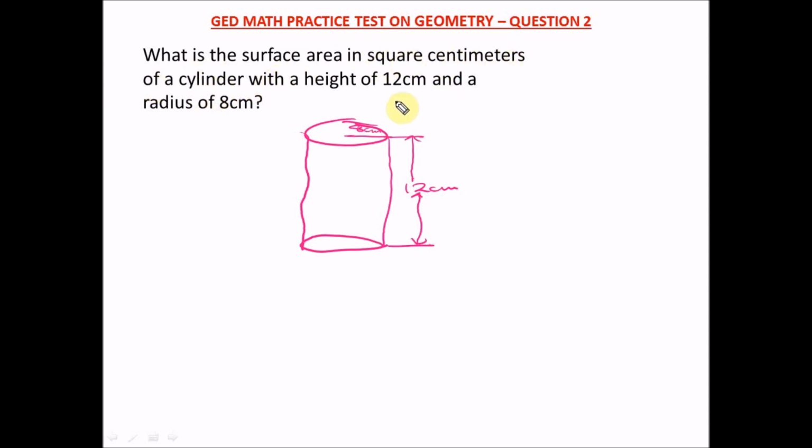All right, the formula to find the surface area of a cylinder is 2 pi r h plus 2 pi r square.